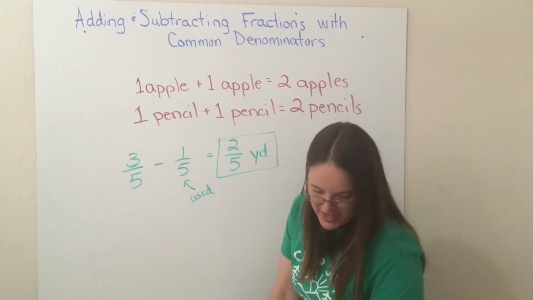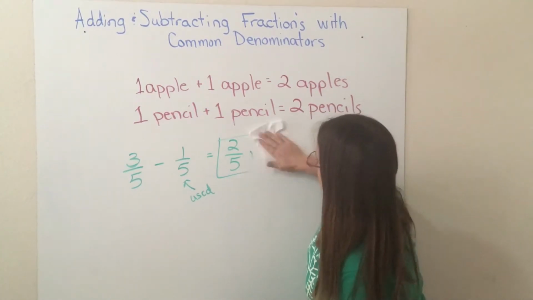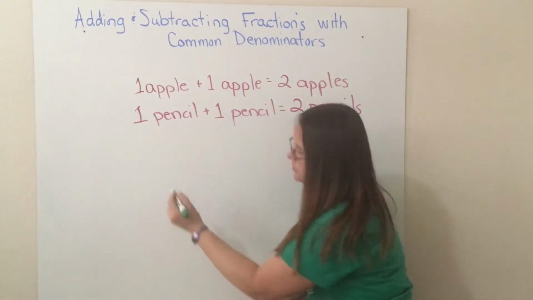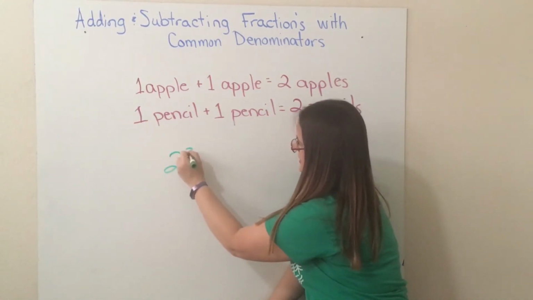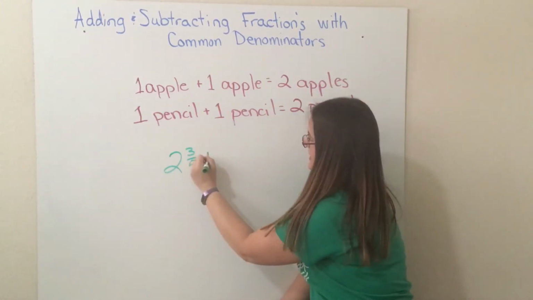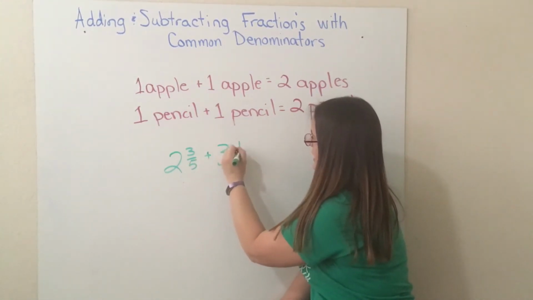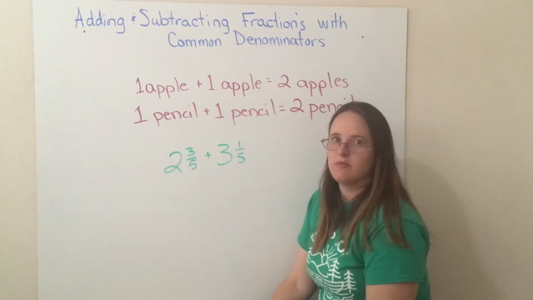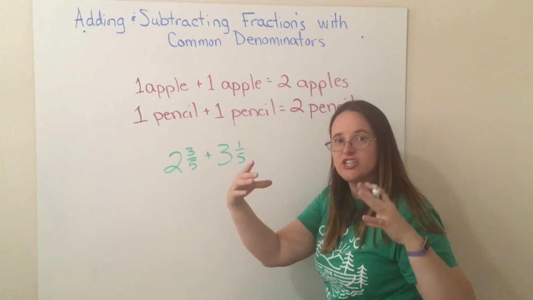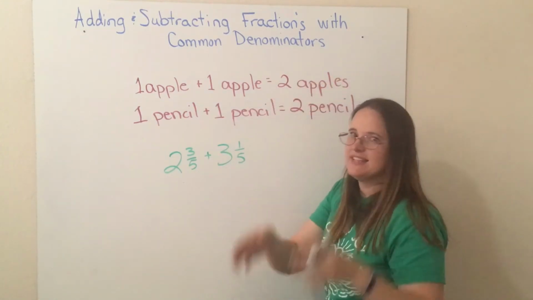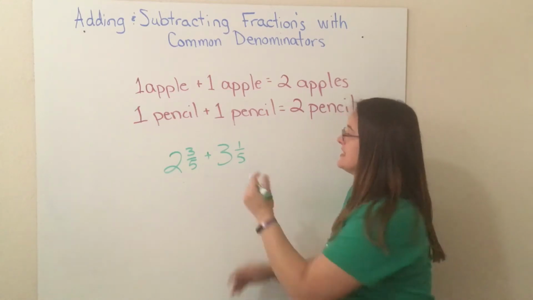Okay? Example 3. This one is not a word problem, so I'll just write it up on the board. We have 2 3/5, a mixed number, plus 3 1/5. Okay, just like when we're adding multi-digit numbers, we have to add the ones, then we have to add the tens, then we have to add the hundreds.